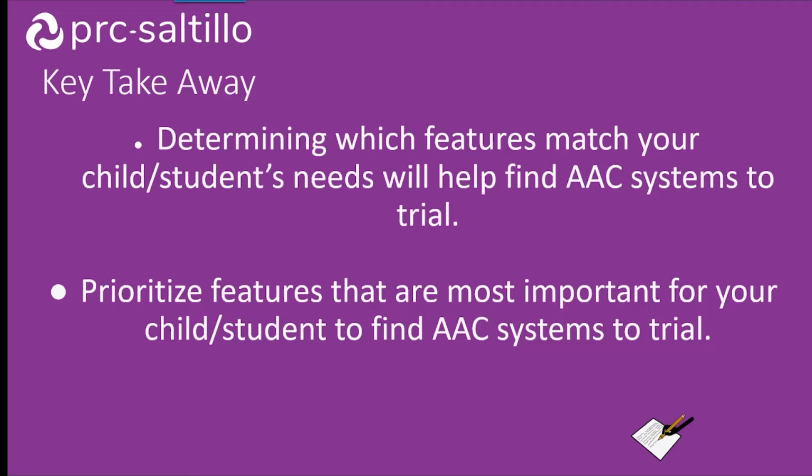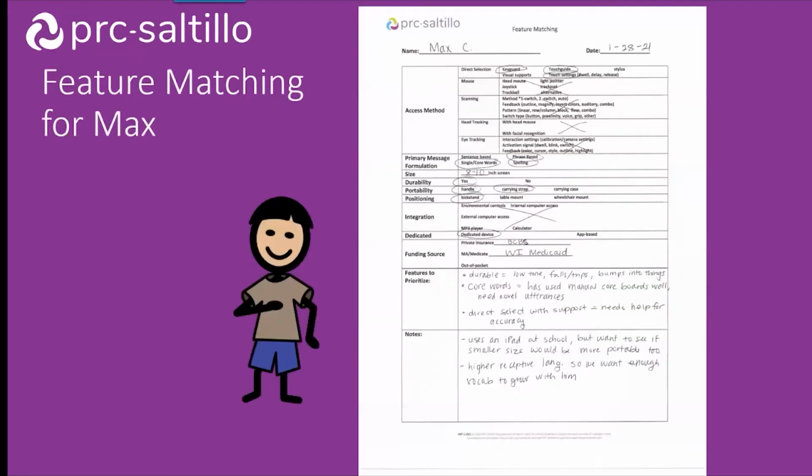So definitely seek those out. But sometimes just knowing, hey, these are what I find important for this individual, now reach out to your consultant or your vendor and say, do you have a system that has this feature? And you can go from there too. It doesn't have to be as super specific as I once thought. I was afraid to reach out. I didn't want to sound dumb.